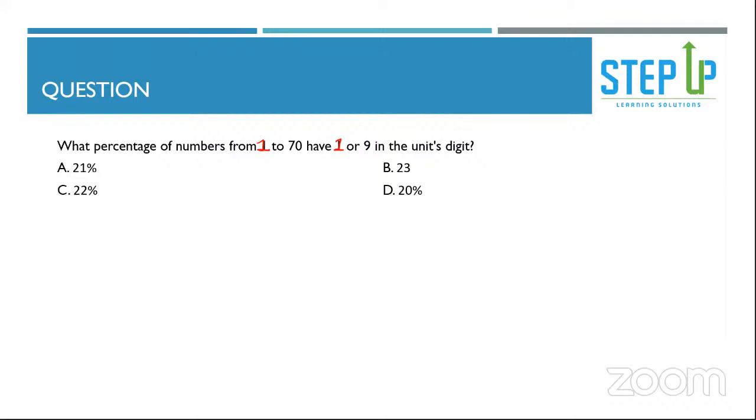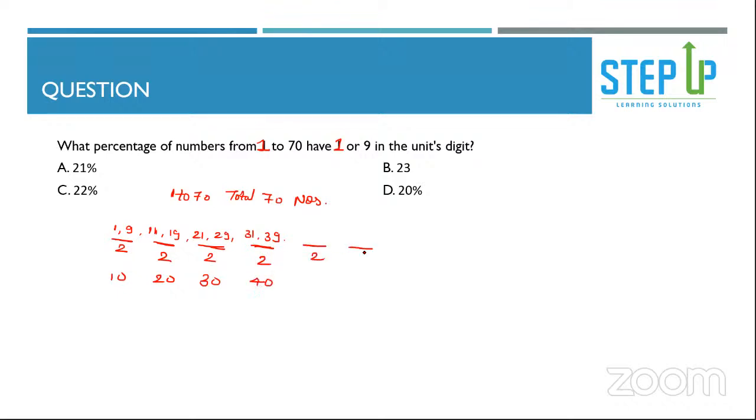Okay, got the answer for this one? Right, Ayush. What percentage of numbers from 1 to 70 end in 1 or 9? Total there will be 70 numbers, right? 1, 9, 11, 19, 21, 29, 31, 39. We are getting 2 numbers in the first 10, 2 in another 10, and so on.